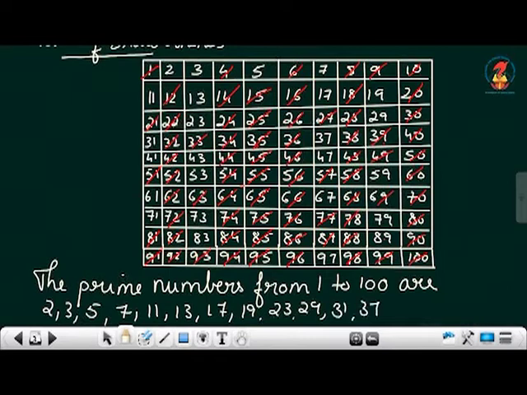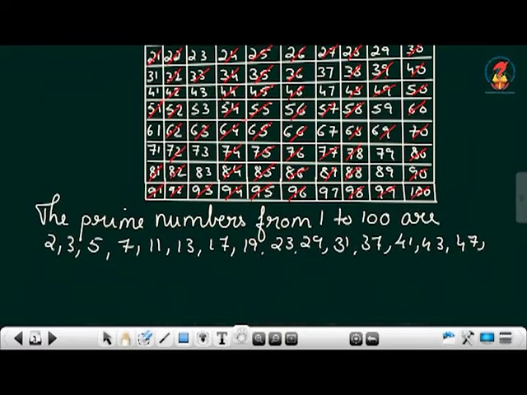Then next line 41, 43, 47 is there. Okay. Then coming to the next line, 53 and 59 is there. Then 61, 67 is there. 71, 73, 79.